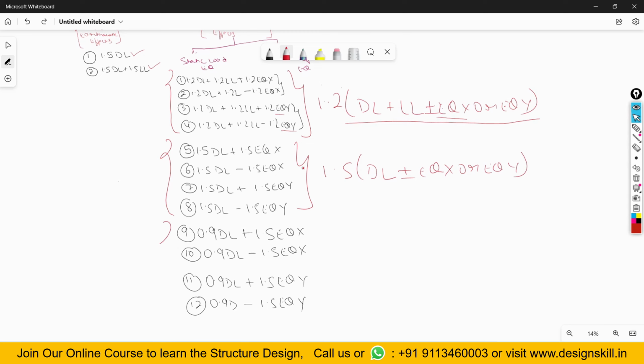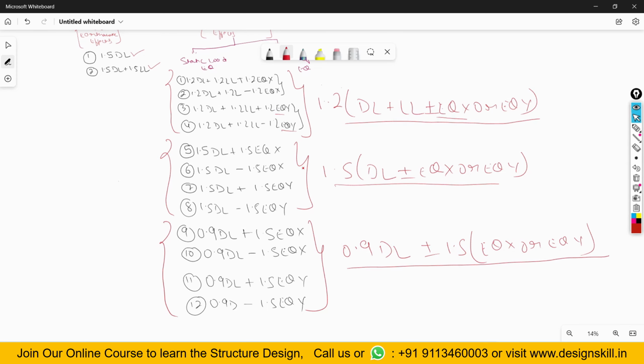So these load combinations also can be rewritten in short like 0.9 dead load, and you can write plus minus 1.5 here, and you can keep EQX and EQY in the bracket, or EQY. So these load combinations in short you can write like this. This load combination in short you can write this. This load combination in short you can write it.